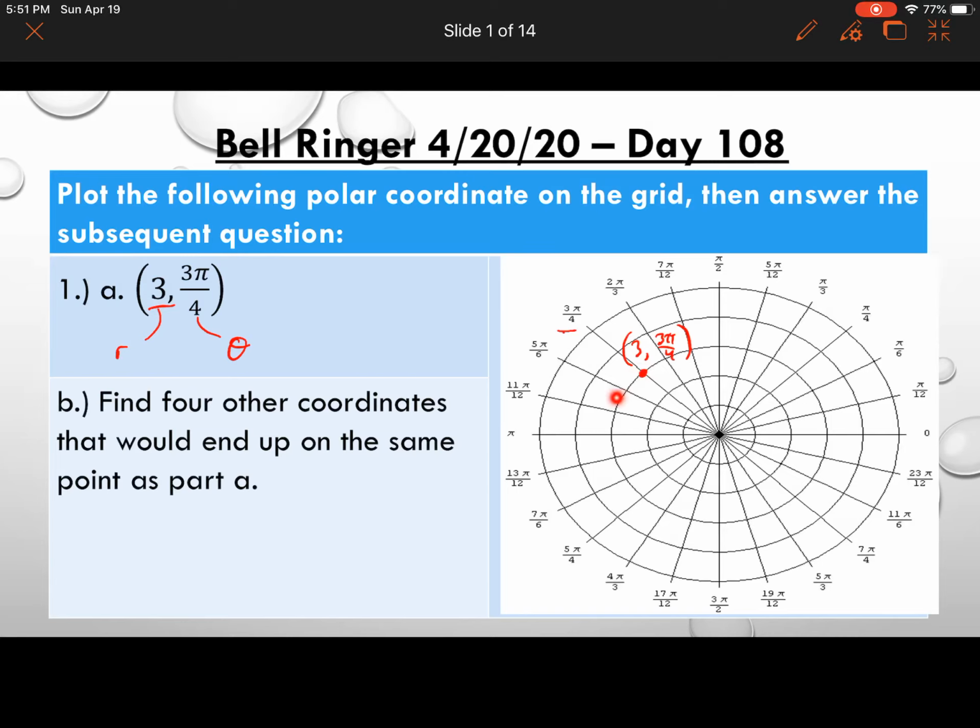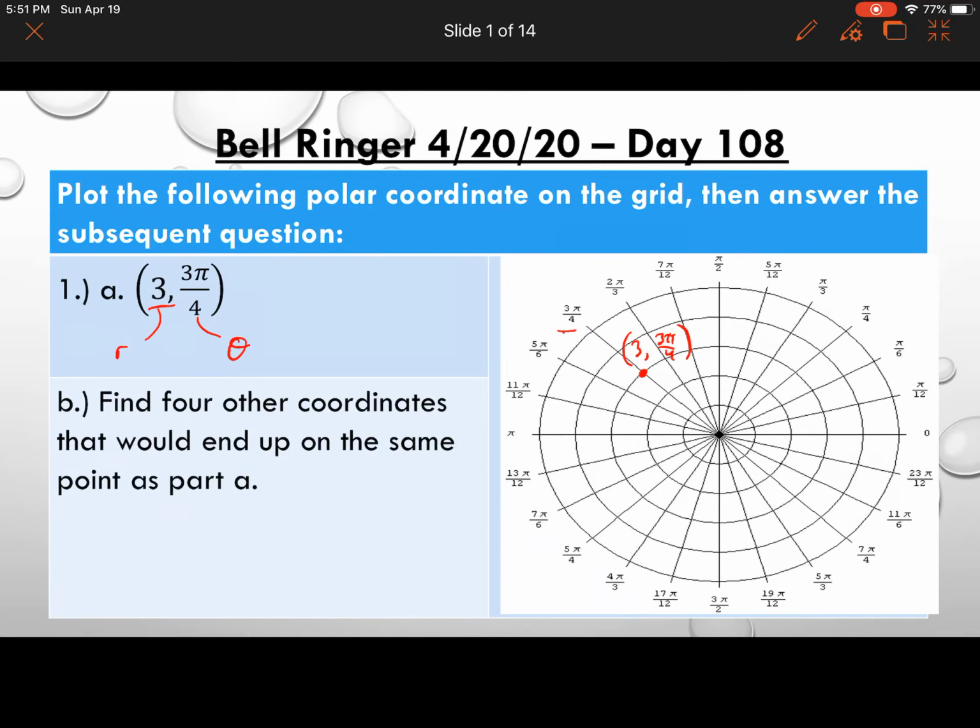Because remember, if we add 2π, you end up in the same spot. And if you subtract 2π, you end up in the same spot. Because recall that 2π radians is a full revolution around the circle. So whether you add it or subtract it, it is always going to bring you to the exact same position on the circle.